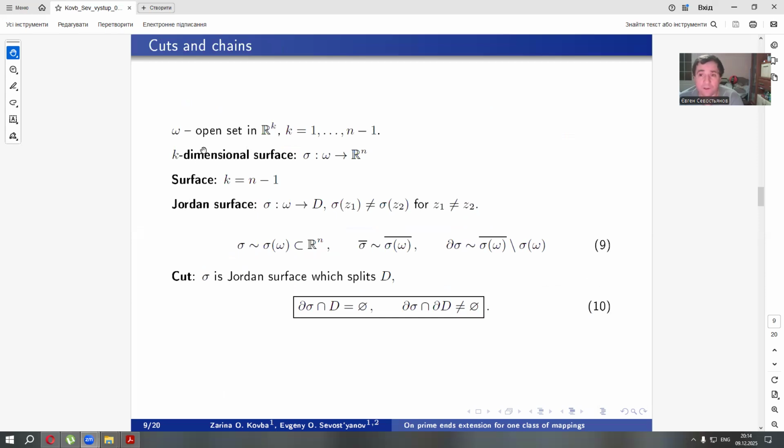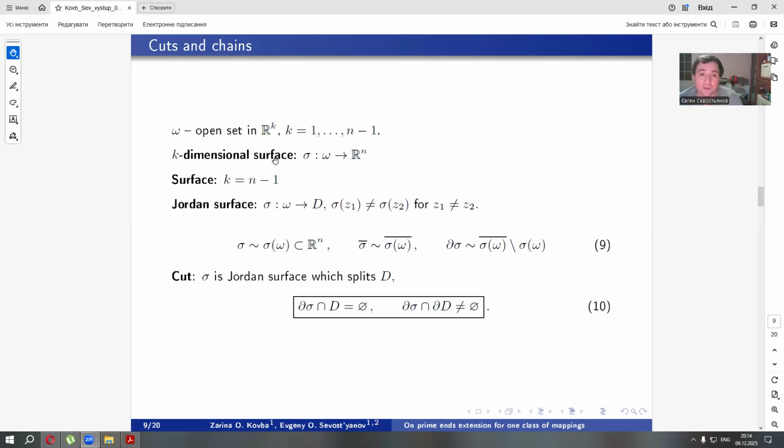The following definition is related to prime ends. So the report is devoted to prime ends generally. In what follows, omega is an open set in R^k where k is between 1 and n-1.